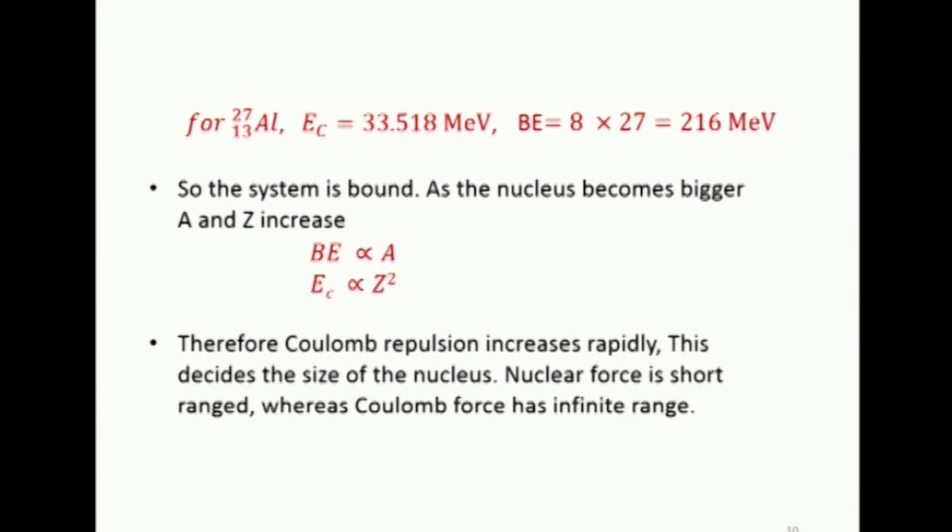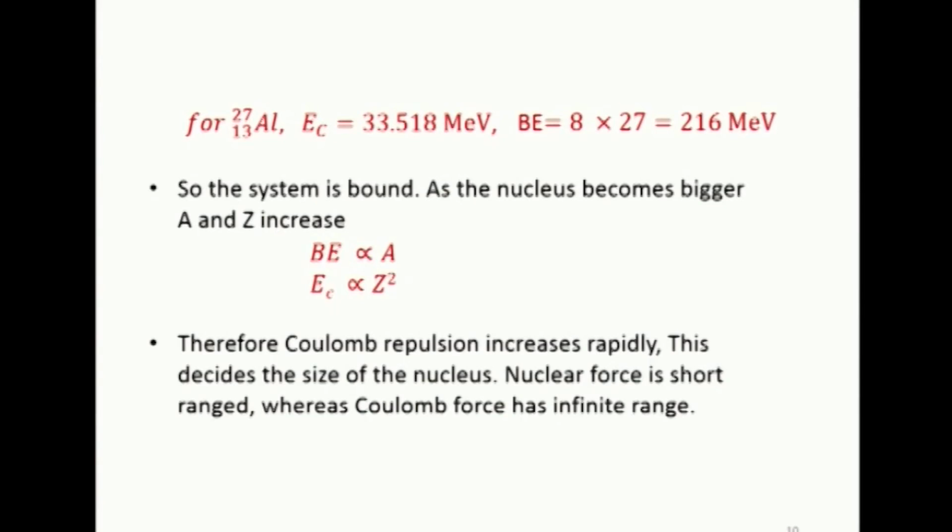What I just discussed, we are putting in words. So, for aluminum 13, 27, EC is equal to 33.518 MeV. Now, what is the binding energy? This is the Coulomb repulsive energy, 33 MeV. If the binding energy is smaller, then the nucleus will not exist at all. The binding energy must be greater than the Coulomb repulsive energy, only then it is held together.